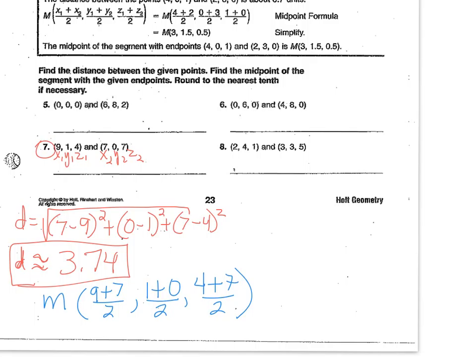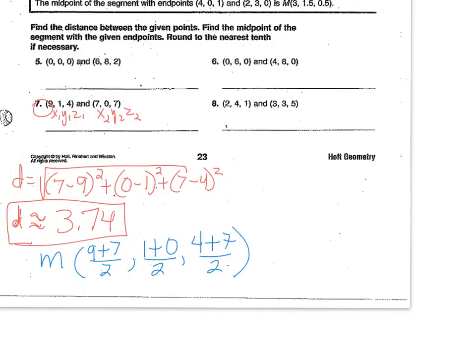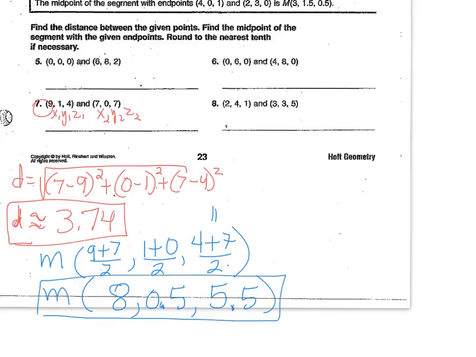So what would my midpoint be? 9 plus 7 is 16 divided by 2, 8. Okay, so it's 8, comma, 1 plus 0 is 1 divided by 2, 1/2 or 0.5, right? And 4 plus 7 is 11 divided by 2, so it's 5.5. And that's going to be the midpoint from 2 points that are three-dimensional, x, y, and z, okay?